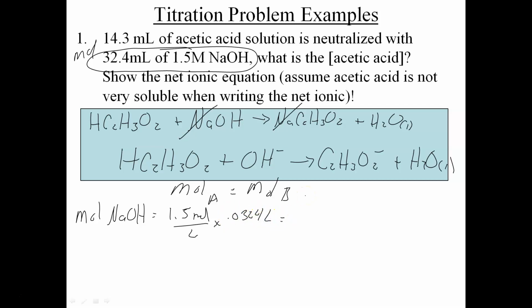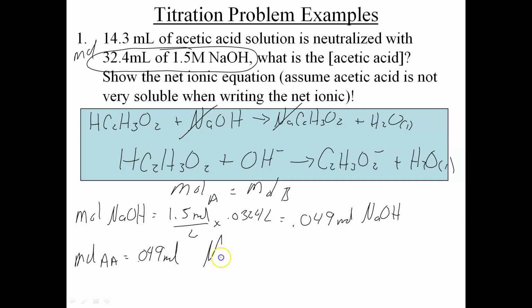That gives us 0.049 moles of NaOH. 0.049 moles of NaOH was used to reach the equivalence point, which means we also have 0.049 moles of acid. So the moles of acetic acid is equal to 0.049 moles.